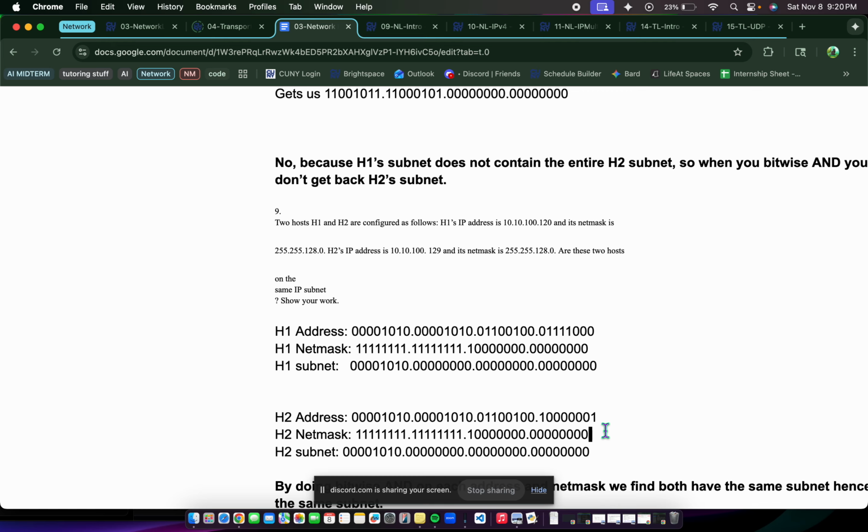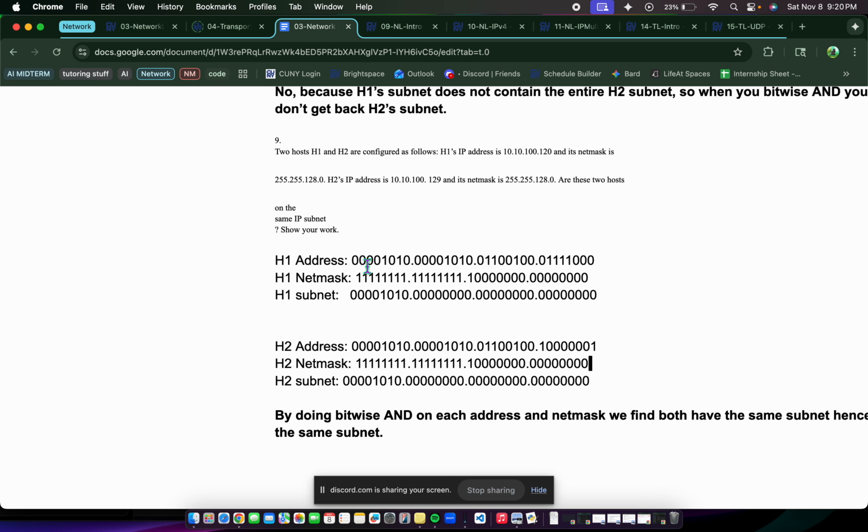I think this might still have the same answer because they have the same netmask, but let's just do this to be on the safe side. So we're going to bitwise AND these. I have all ones up to this point here, so this is the 8th, 16th, 17th bit.